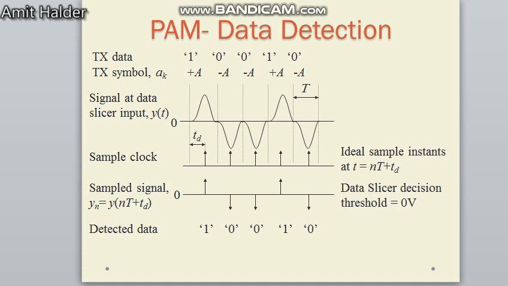Now you can find out the transmitter data and transmitter symbol. Okay, so there is a data sequence of 10010. But what about the plus A? After mapping that, we get the amplitude. When it is 0, you get minus A. When it is 1, you get plus A. So that is the time period.